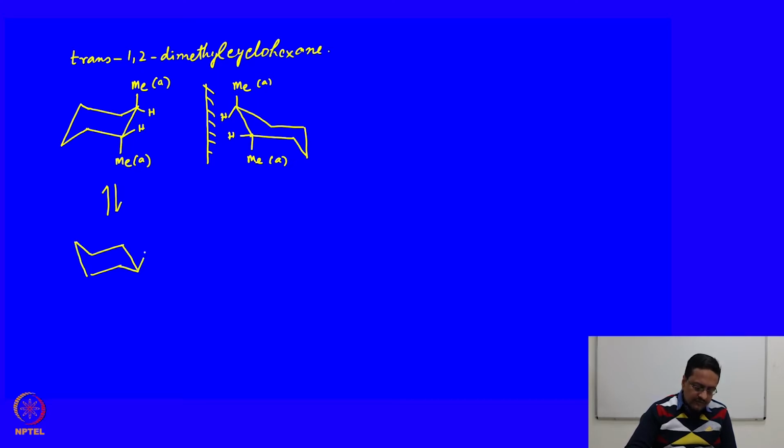We get the corresponding di-equatorial form. So, now this is E E, and the corresponding mirror image of that E E would look like this.